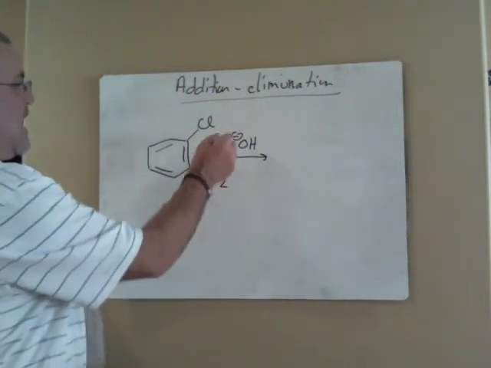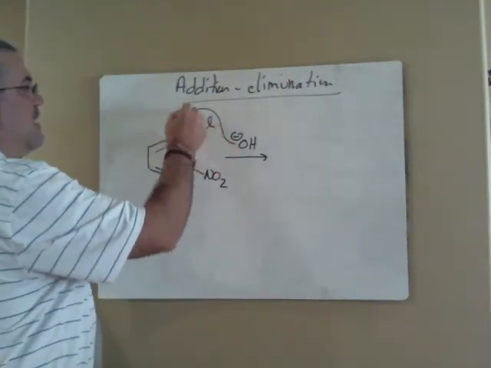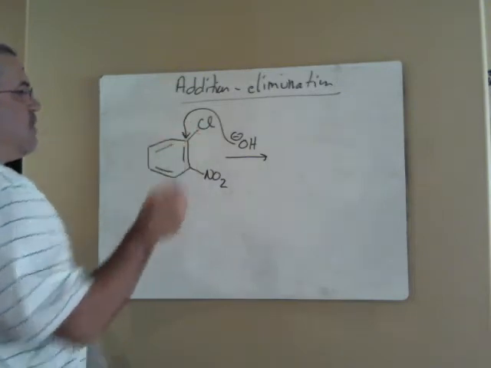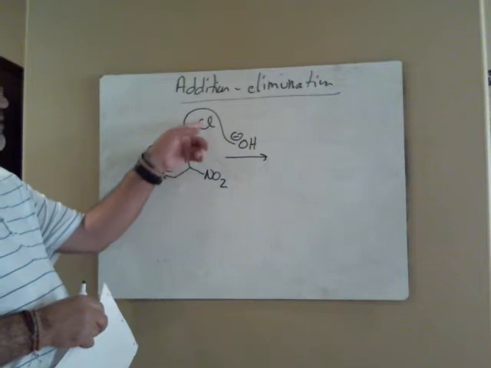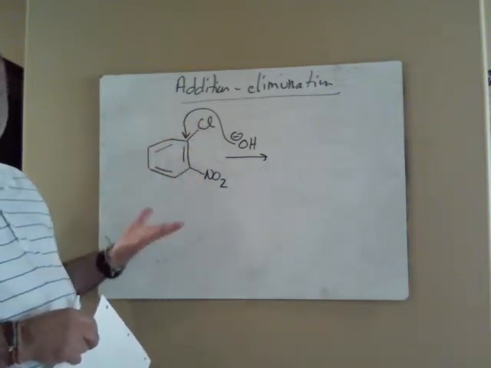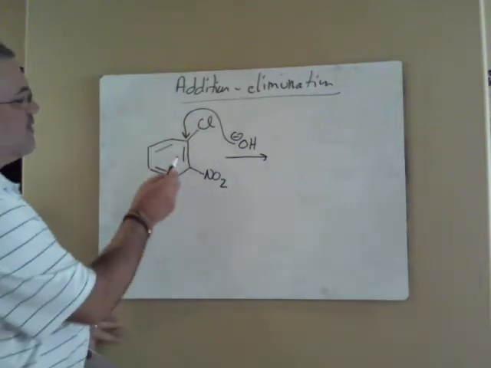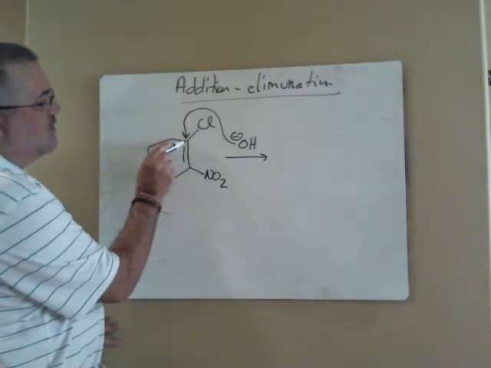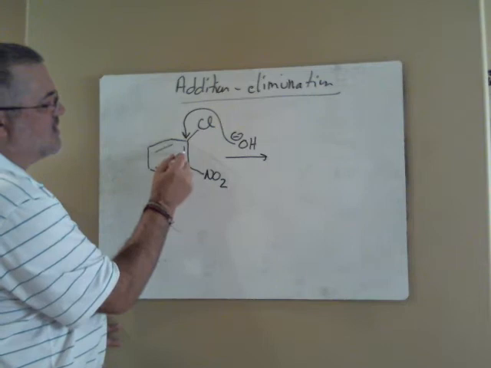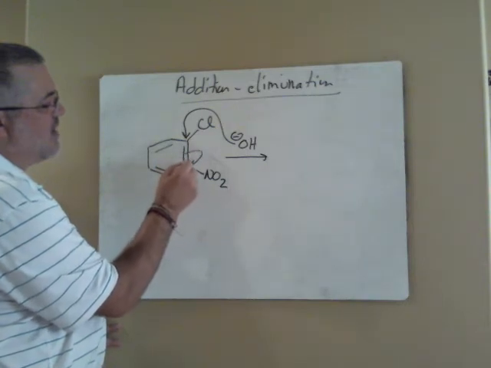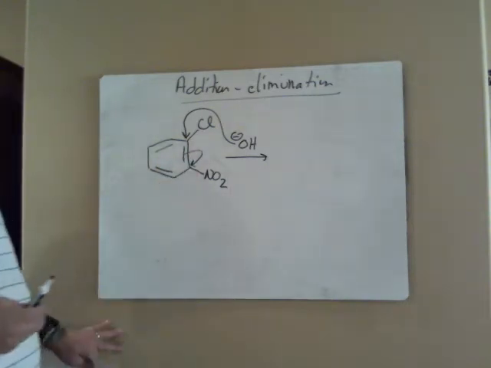And so what's going to happen is this nucleophile is going to come in and react exactly where you think it would, at that electrophilic site. The chlorine is by far the most electronegative thing on that ring. So this carbon is going to be the most deficient. And so when this comes in and reacts at that position, it's going to kick these electrons out to that carbon.